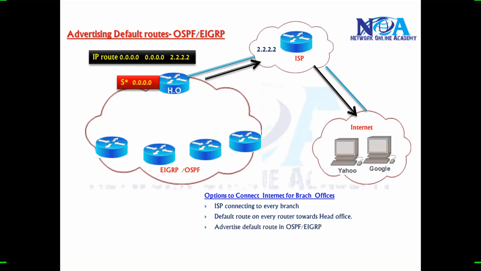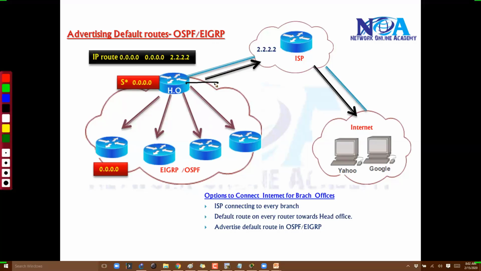So what I can do is use the third option, advertising the default route into your IGP. IGP means your OSPF, EIGRP, RIP; any such protocol can advertise it automatically. I can simply go and configure the default-information originate command in OSPF.